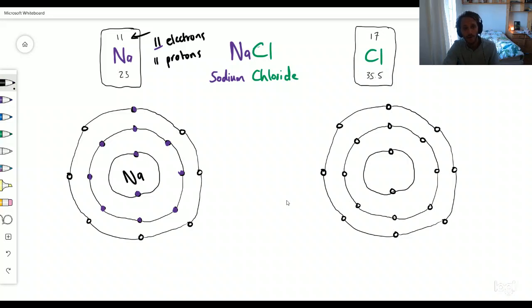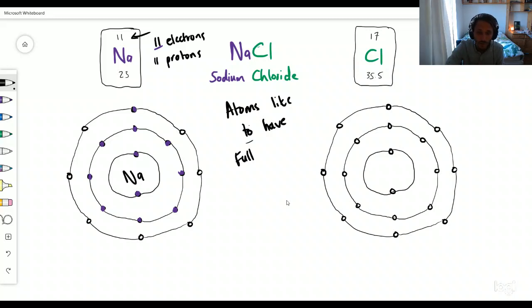Now I just want to tell you that atoms like to have full energy levels. Right now sodium has one electron filling a space here, but it's got all of these empty spaces.